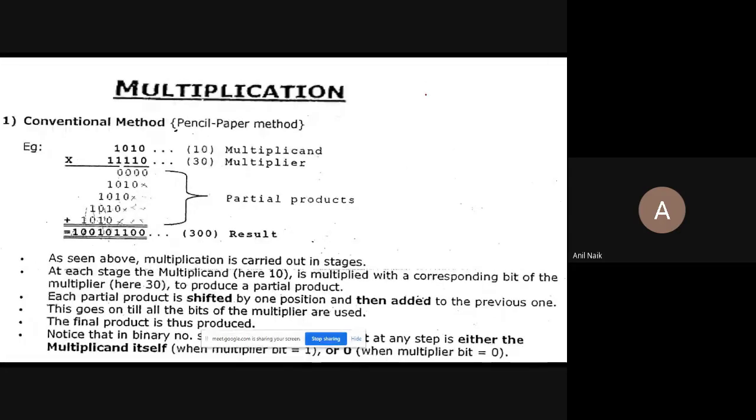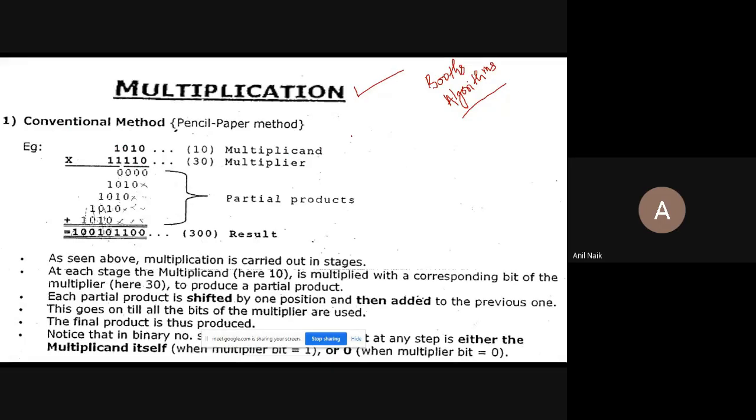In the computer, the multiplication is performed by using the Booth's algorithm approach. This is also very important from the examination point of view. You will get an 8 marks question: Booth's algorithm for high performance multiplication.